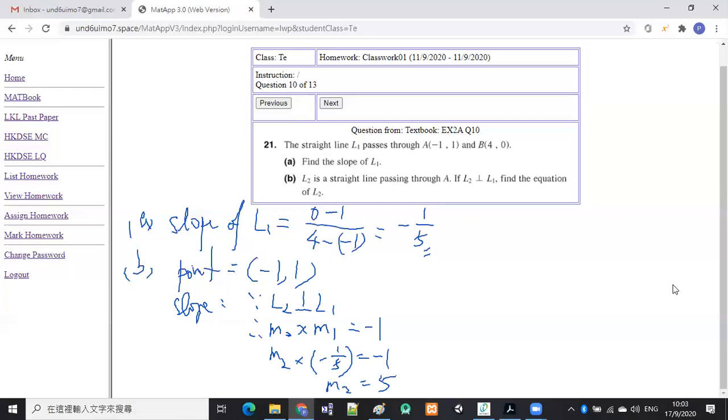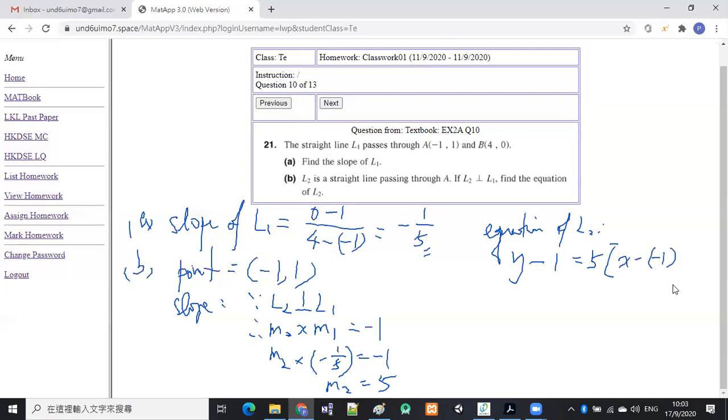Okay? So now we have the point and we have the slope, and then we can write down the equation of L2. Equation of L2 will be y minus y1, our y1 has been chosen to be 1, equals m times x minus x1.